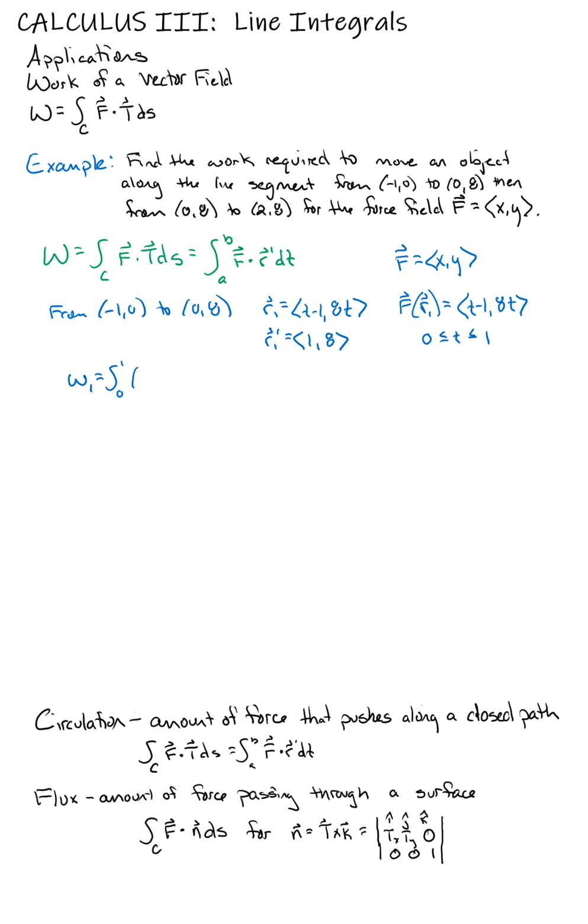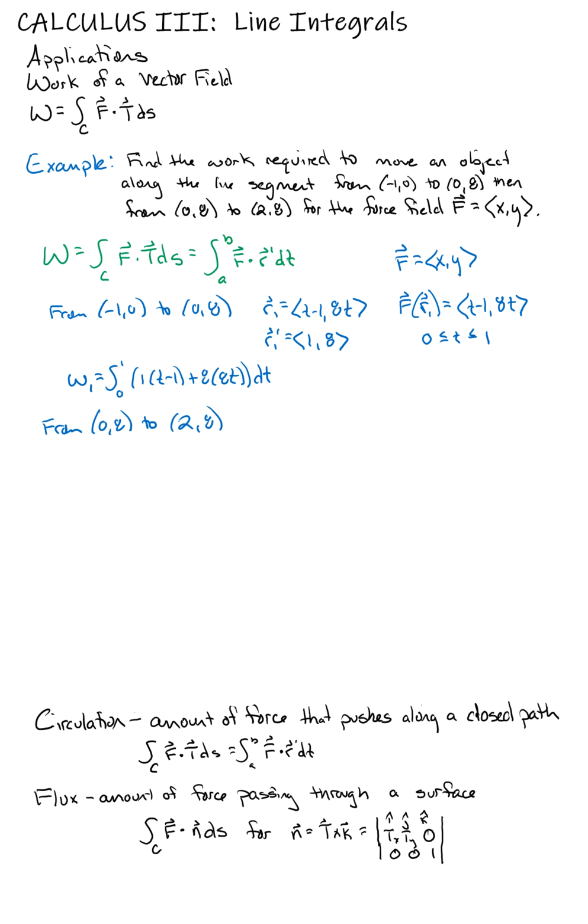The dot product between f and R1 prime would be 1 times t minus 1 plus 8 times 8t dt. We'll get to evaluating that in a second. You could do that now if you'd like, but I'm actually going to do all of these at the same time.